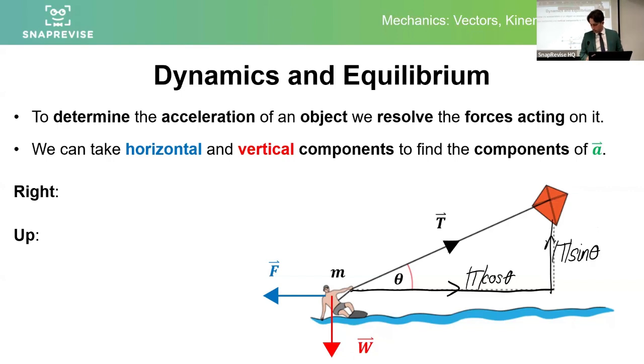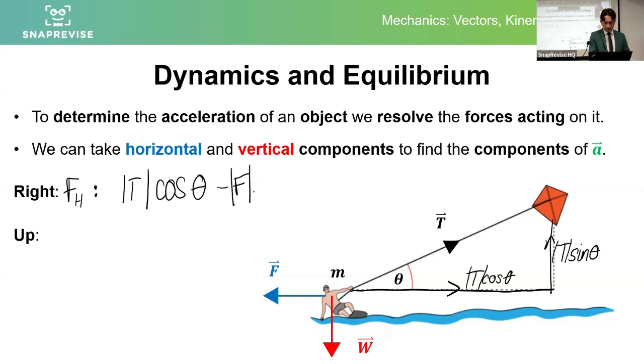So to the right, I'm resolving forces horizontally. If they're balanced, it's T cos theta minus F. We would either equal it to 0 or ma, mass times acceleration, if accelerating.